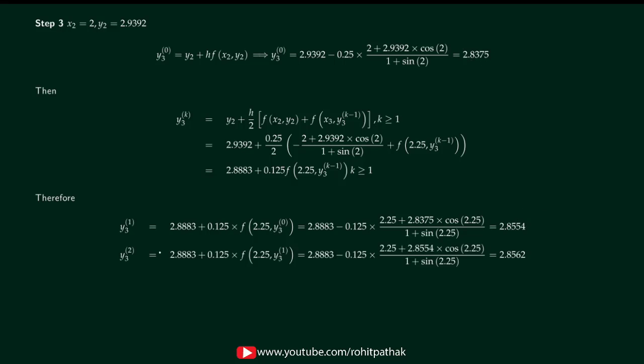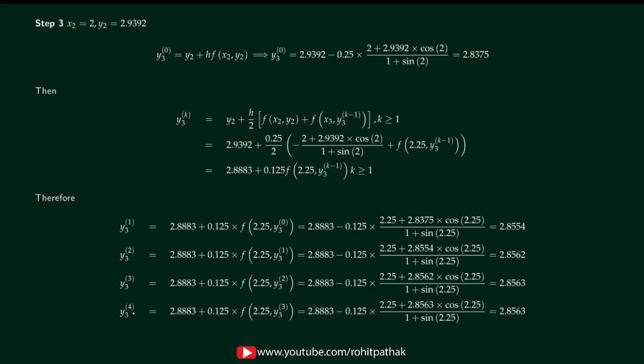Again using the same formula we get the next better approximation to y3 as y32. Here we replace y30 by y31. The formula will be the same except for this value, y30, which we replace by y31. So we get 2.8562. Again using the same formula and replacing y31 by y32, we get 2.8563 as the next better approximation.